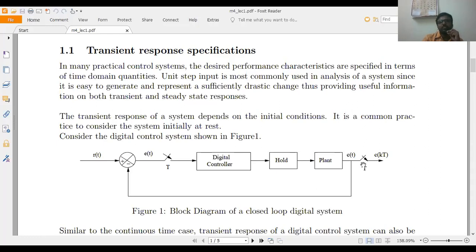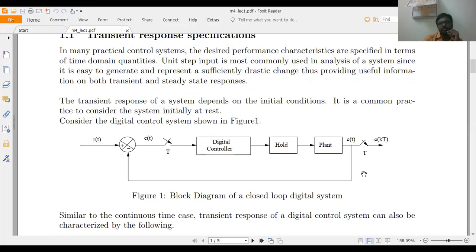Therefore, a sampler is adopted after the output so that this C of t is converted into digital form, that is C of kT, through this sampler, and this capital T is the sampling period. Therefore, C of t is converted into C of kT through a sampler having the sampling period capital T.